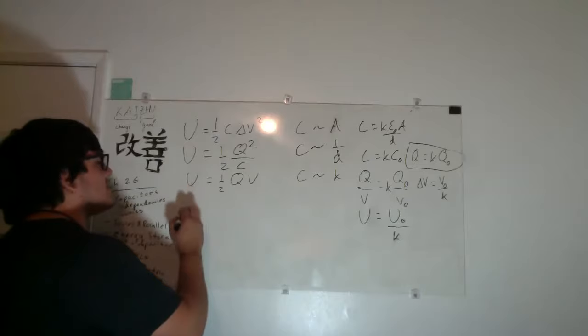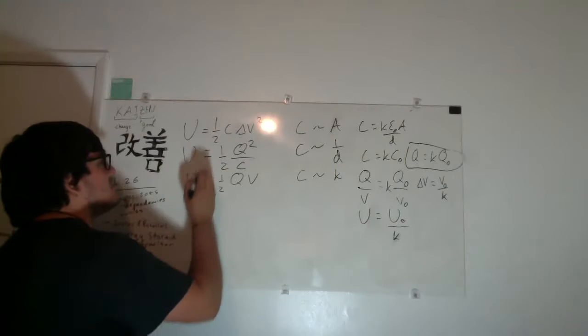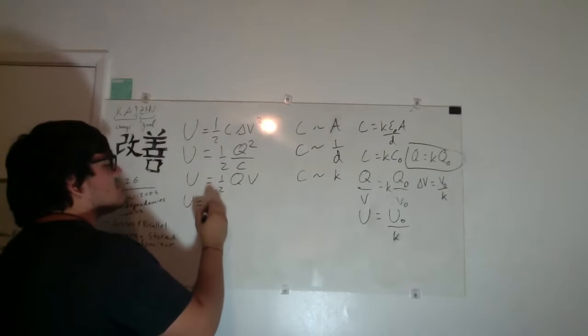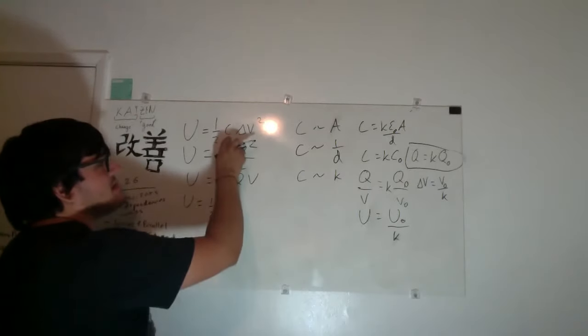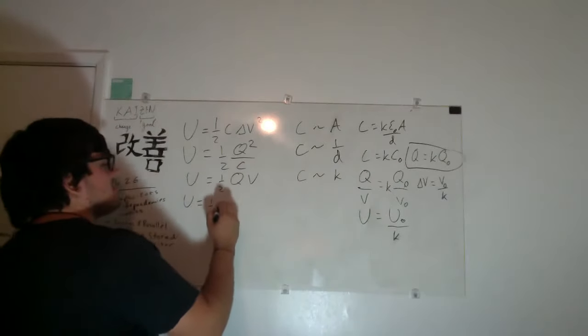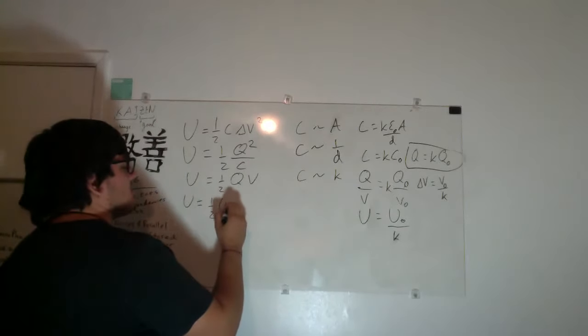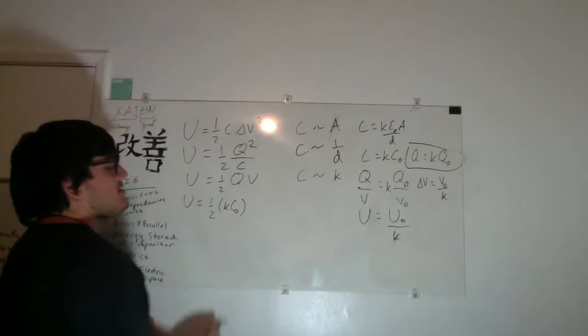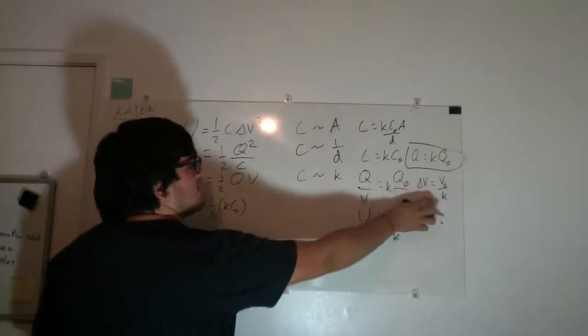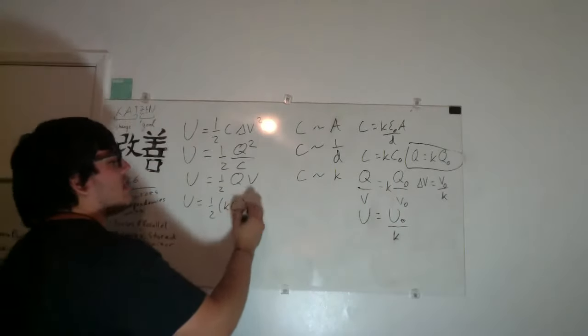So let's try that. U is equal to 1/2, and if I replace C with kappa C0, it's kappa C0, and then delta V with V initial over kappa.